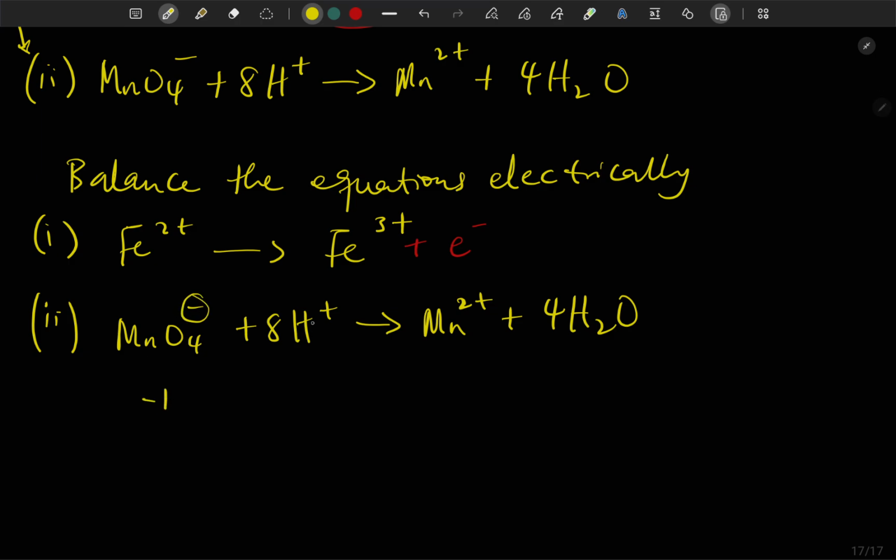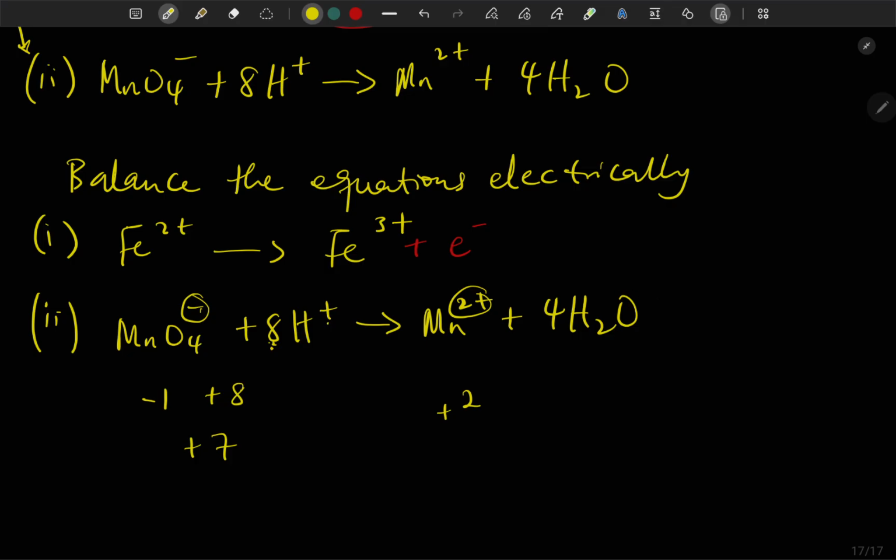The charge here is minus 1. Here we are going to do 8 multiplied by plus 1, that's plus 8. Minus 1 plus 8, that's plus 7. Here we have plus 2. And the charge here is 0. We have no charge on H2O, water.